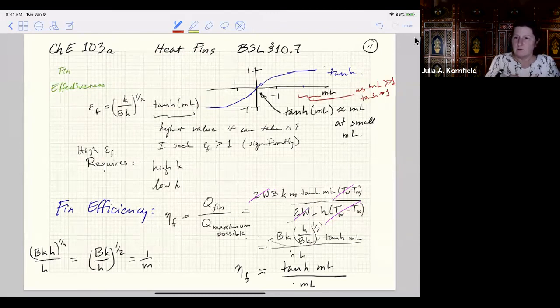So the numerator approaches 1, and eta F starts falling as 1 over ML. Okay?